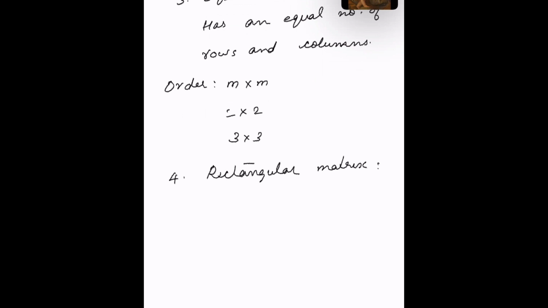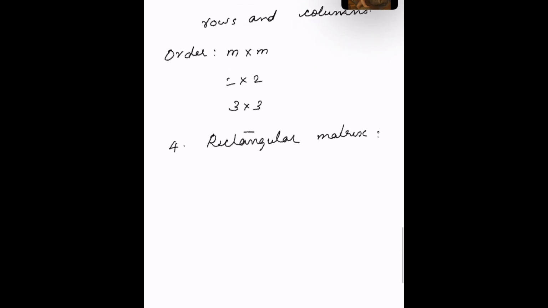In the case of a rectangle, length and breadth are not the same. So if I consider length as number of rows and breadth as number of columns, here the number of rows and number of columns are not equal. That's called a rectangular matrix.